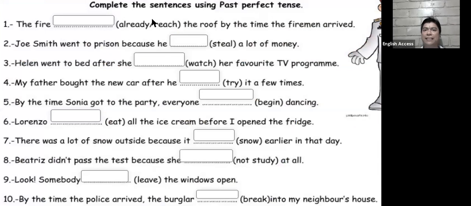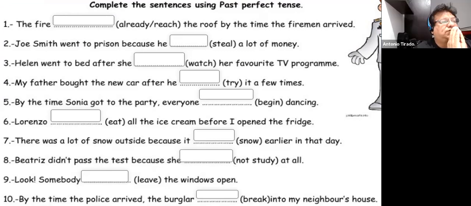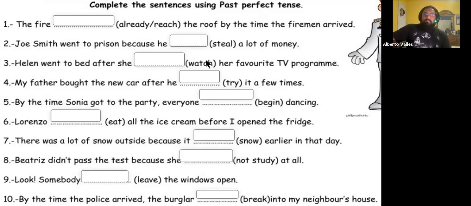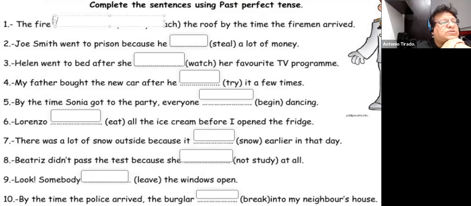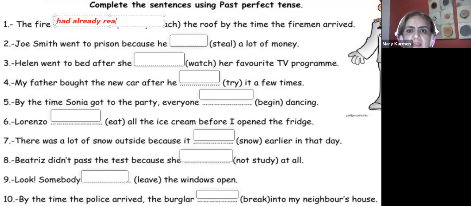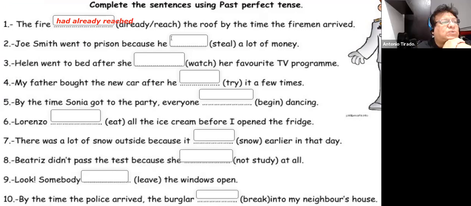Now complete the sentences using past perfect tense. Only past perfect. The fire had already reached. Number two: he went to prison because he had stolen a lot of money.